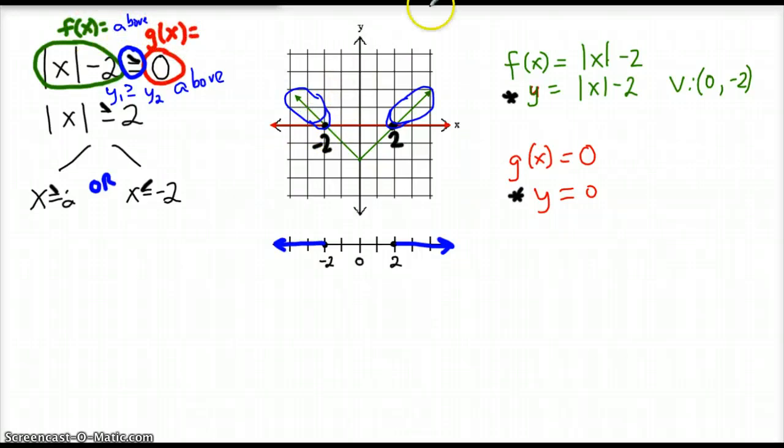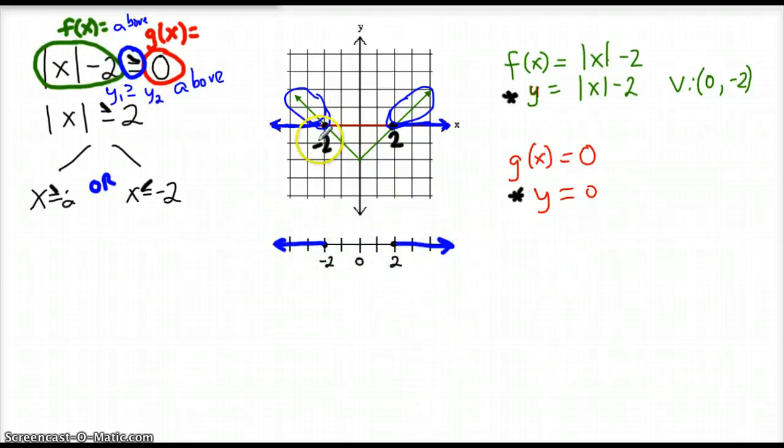Well, again, these x values make that happen. See how this portion is circled? These portions of this V graph? What x's correspond with these little portions? Well, these right here.